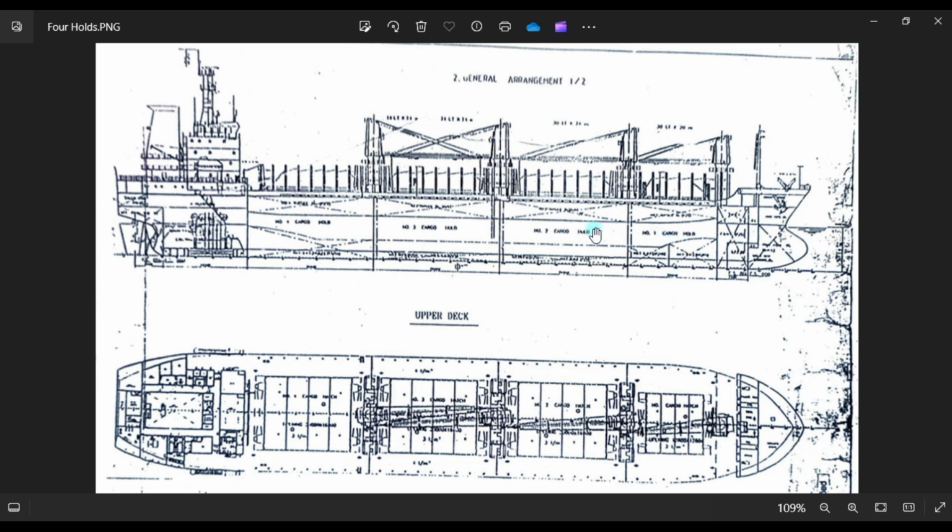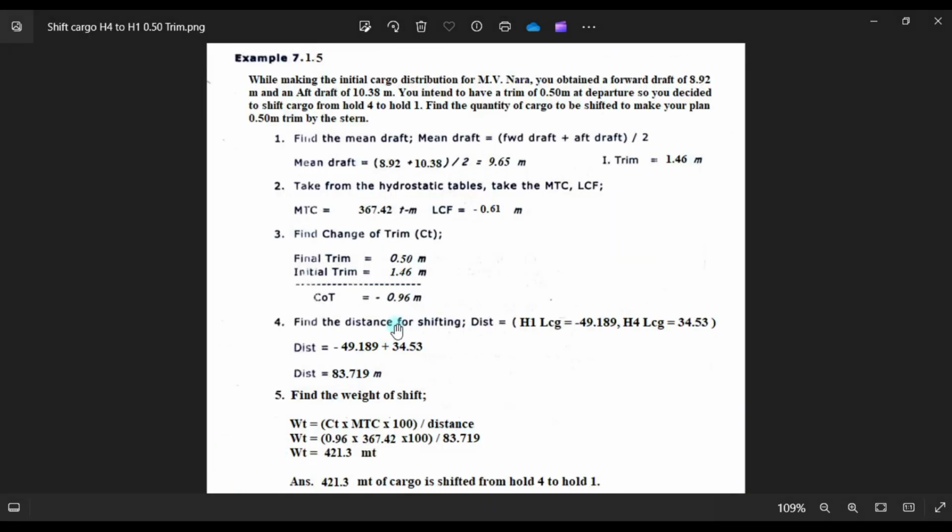So this LCG from hold number 1 to 0 and LCG of hold number 4 to 0, you add this LCG hold number 1 and LCG hold number 4, the total of that would be 83.719. Okay, and now how to find the weight.